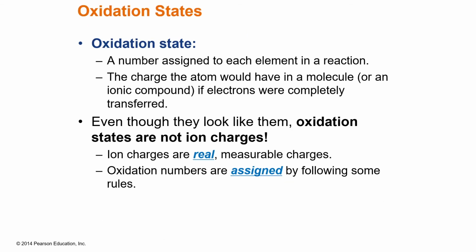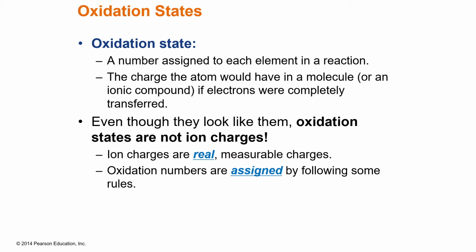What is the oxidation state? It's a number that is assigned to each element in a reaction. We're not going to go deep into the reasoning behind this, but let's say that on a broad view, the oxidation state is the charge that the atom would have in a molecule or ionic compound if electrons were completely transferred.